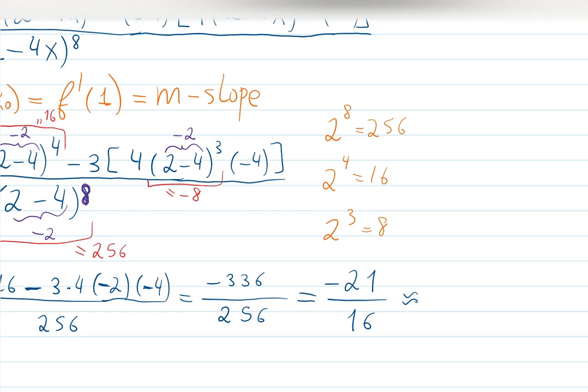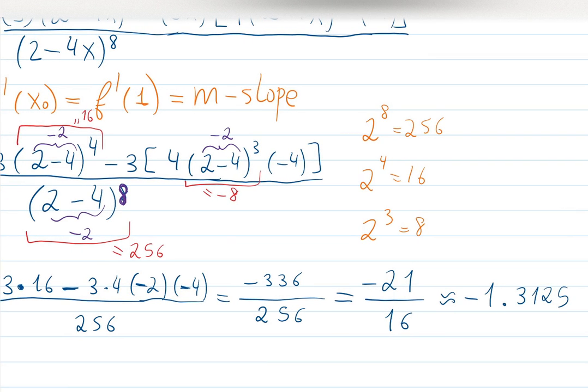I know it's less than 2 because 16 times 2 is 32, and it's negative, so it's negative 1 point, and then it's not very close to 2, it's actually halfway through that, and indeed it is 31.25 after negative 1. So this is my answer for the slope m.